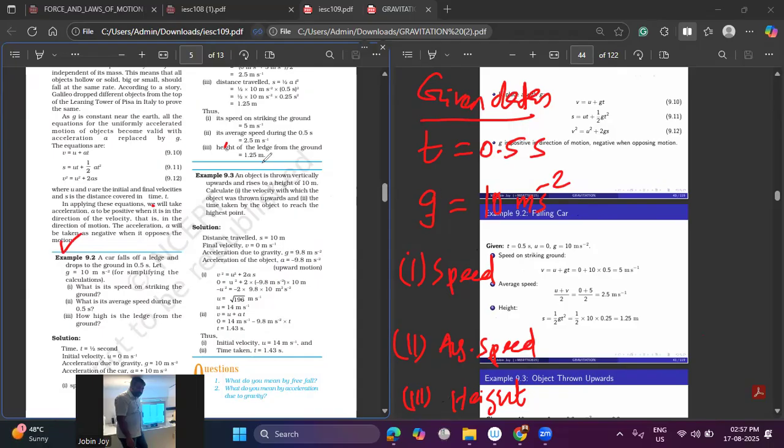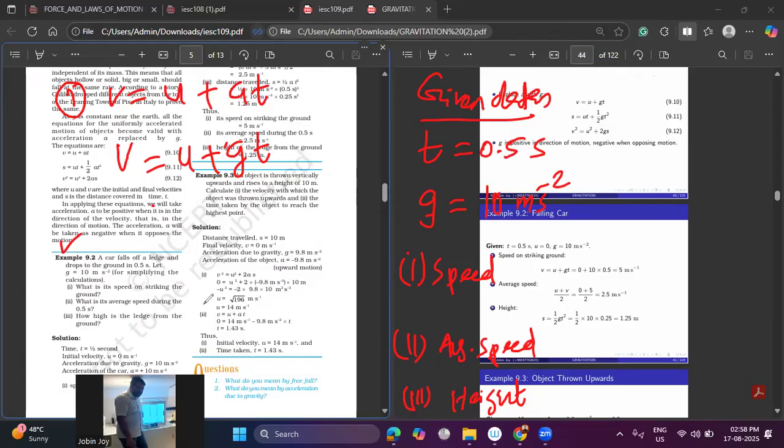In this case, I'm using the first equation of motion. What is the first equation? V is equal to u plus at. And here we are considering the acceleration due to gravity, so we should write the equation as v is equal to u plus gt.